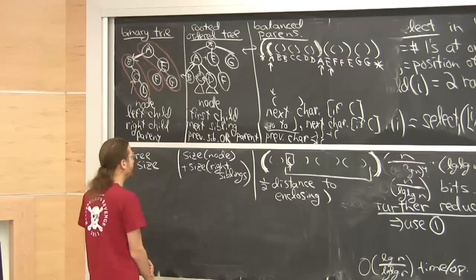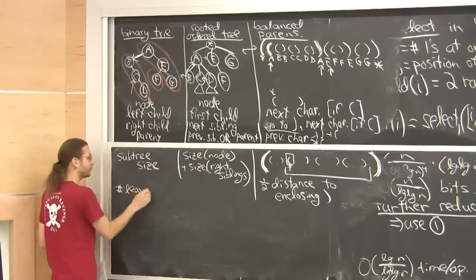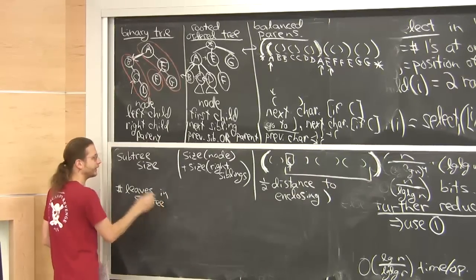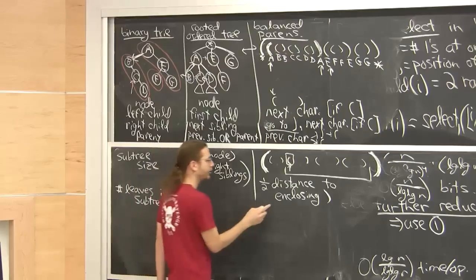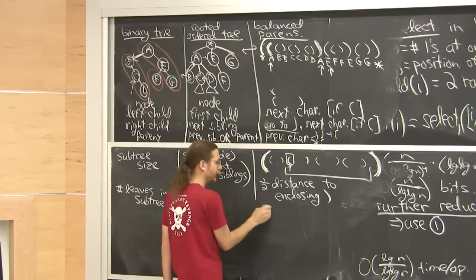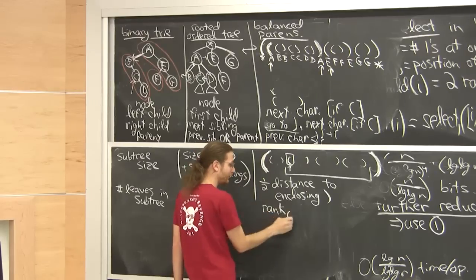So another bonus is suppose you want to know the number of leaves in a subtree. If I recall correctly, that's something like, instead of doing this distance to the enclosing paren, you do something like rank of, so just rank of that.